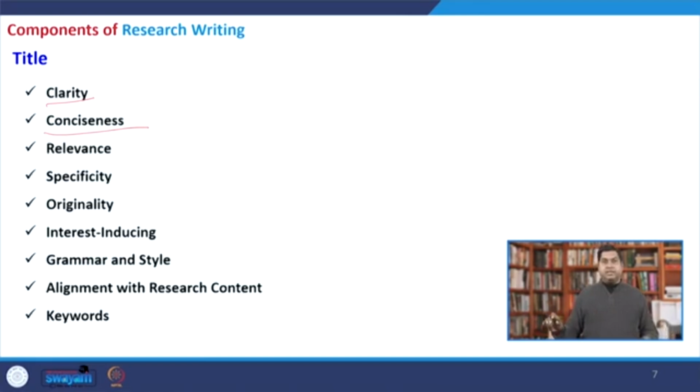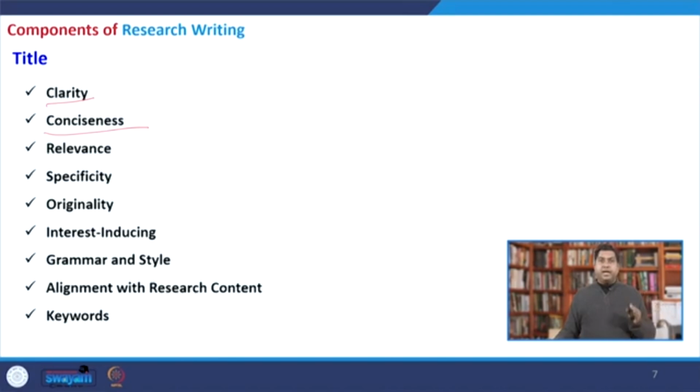In all these cases, though this is the overall objective, how to write it? Whether we should write investigating or measuring, all these words will play a crucial role, right? So you have to be very sure about what you want to showcase in your title and then make it concise.